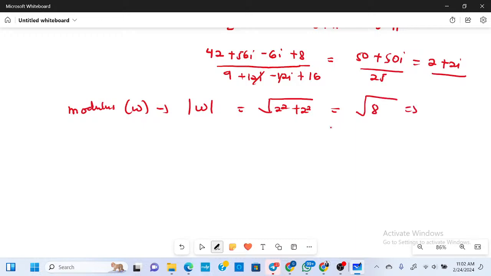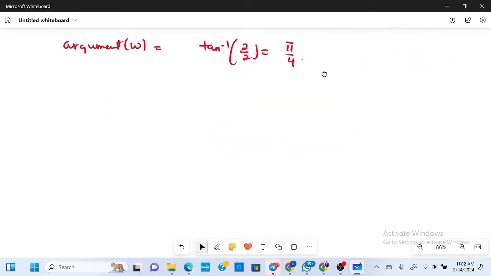Which is the same as 2 root 2. Then let's find the argument of w. And that is giving us tan inverse of 2 over 2, and that is equal to pi on 4. So this is simply how to solve the fourth question. Let's move to the fifth question.